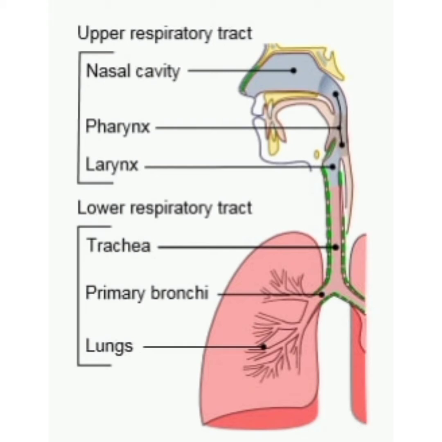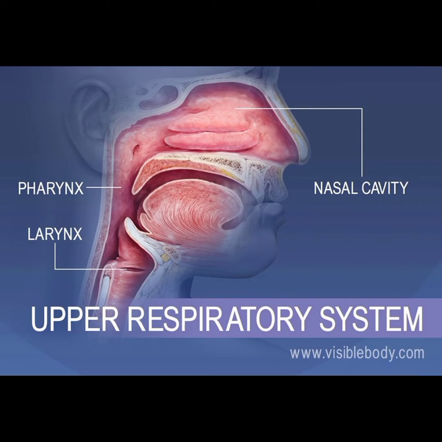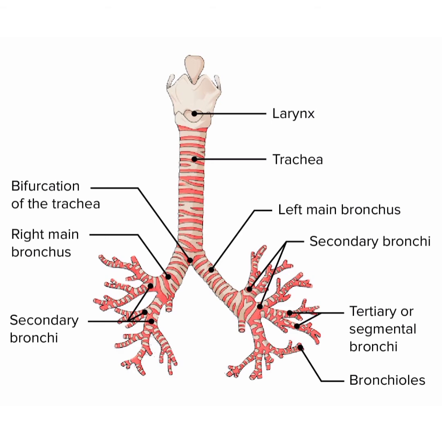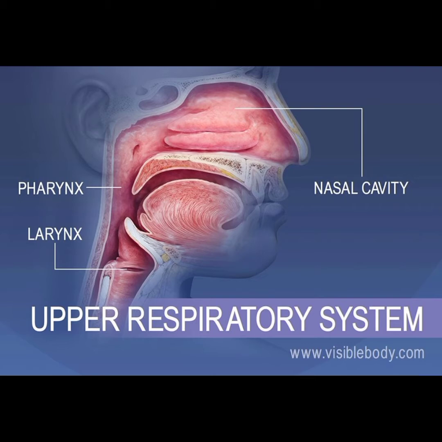Likewise, the respiratory portion, this is the main part where the gaseous exchange is occurring, consists of the respiratory bronchioles, alveolar ducts and the alveoli. Alveoli are small air-filled sac-like structures. The lung structure is made up of alveoli to the maximum.